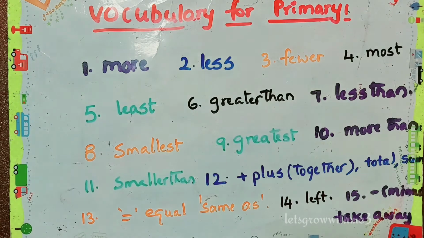In the next video we are going to deal with practice questions using these words. I'll try to do 5 problems with each word so that kids will get good practice. Once they are thorough with these words and used to using them, then we can start our word problems journey.